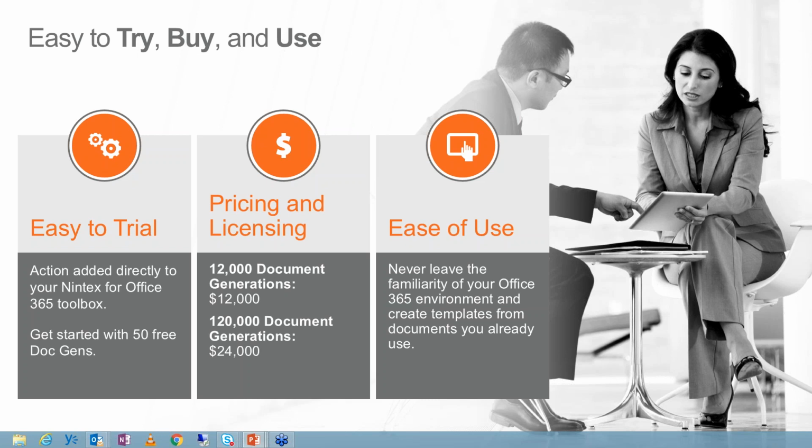And some even more exciting news, we just rolled out an even smaller option, in case you definitely need more than the 50 that come with the trial, but the 12,000 is a little too much just as you're starting out, and you want more of a proof of concept. We do have an option for 6,000, and the pricing on that is $7,000 for the 6,000 document generations.